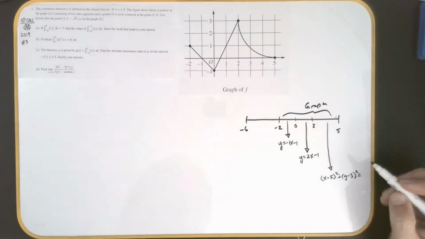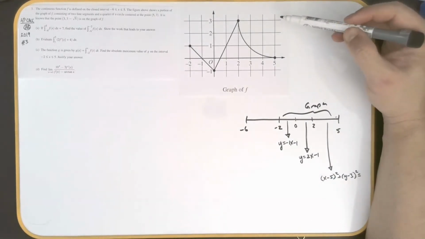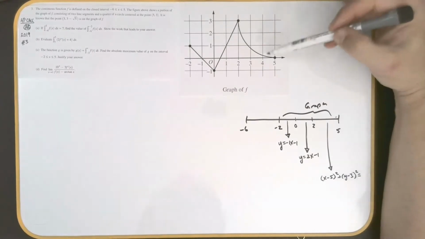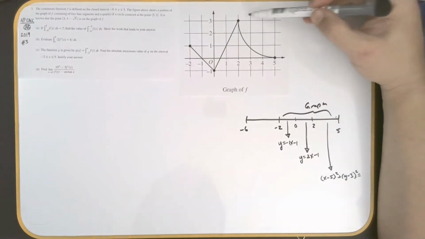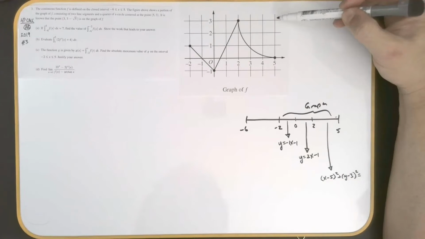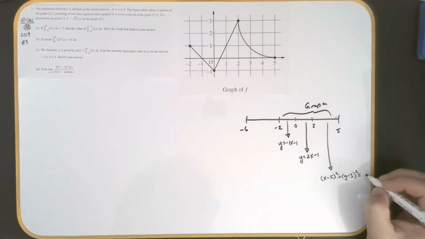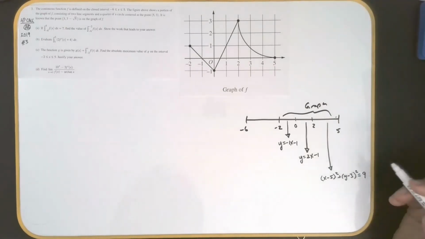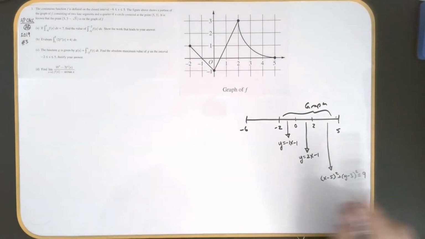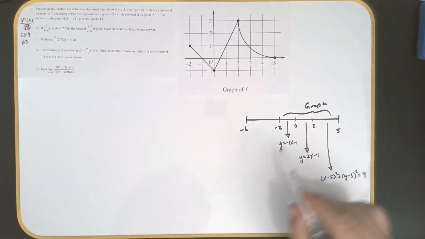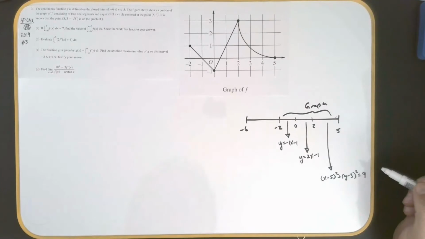We could figure out the radius maybe just by looking here. If this is the center, (5, 3), then you can see pretty clearly that the radius must be 3, so this must be 9. If you wanted, you could take the coordinate they gave you, substitute it in and get it, but we have our 3 portions of the graph, and we may need them, we may not, but they were pretty easy to just generate.